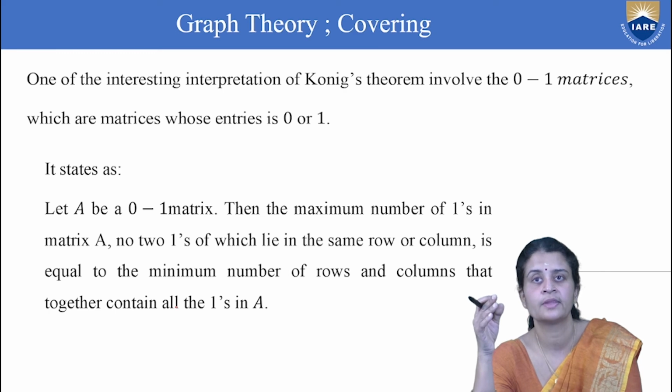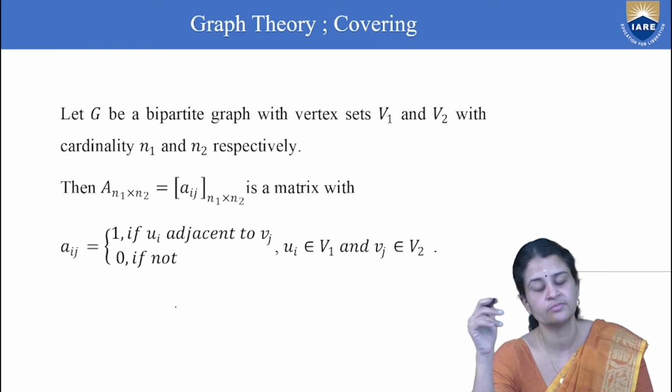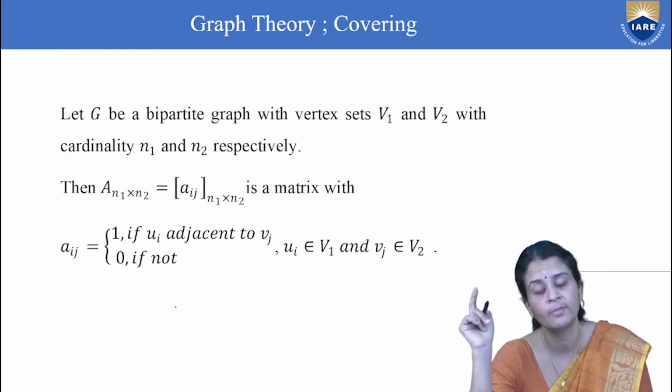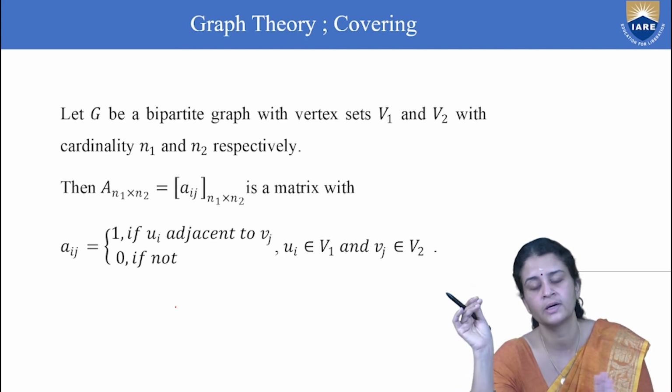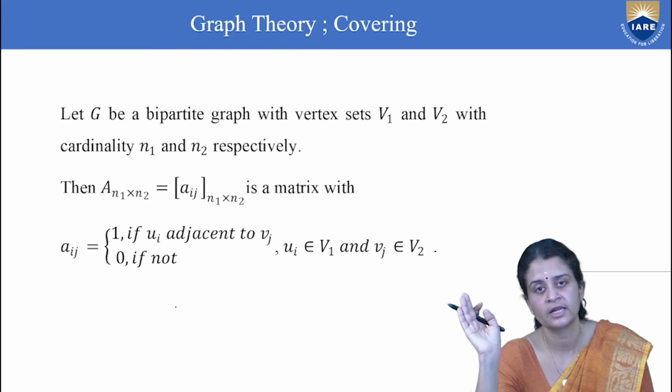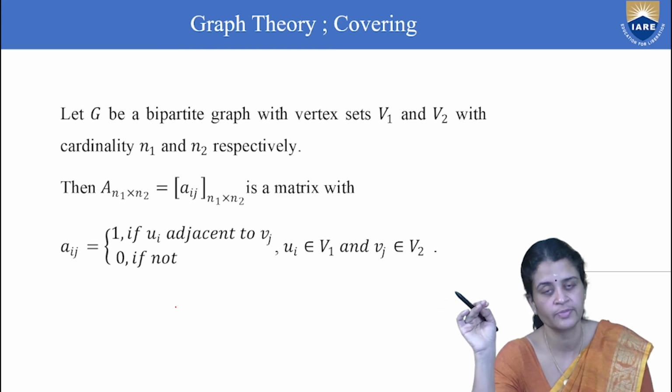Koenig proved cardinality of M equals cardinality of C, maximal matching equals minimum vertex covering, for bipartite graphs. So here also we are considering bipartite graphs.